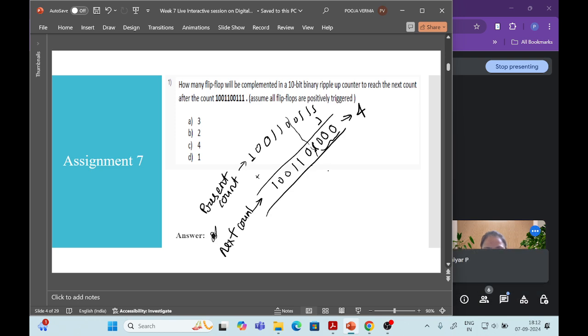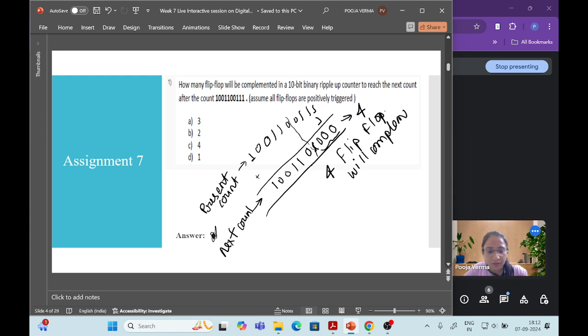So 4 flip flops will be complemented or changed. Already you know that a flip flop can store 1 bit. They are asking how many flip flops will be complemented in a 10-bit binary ripple up counter.